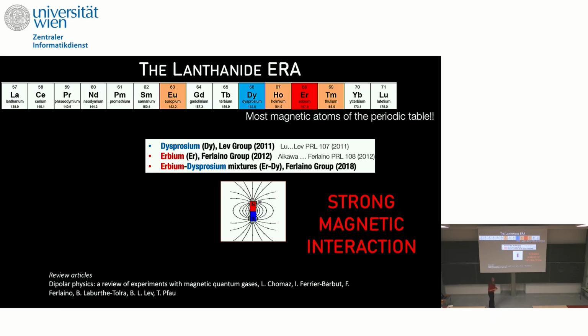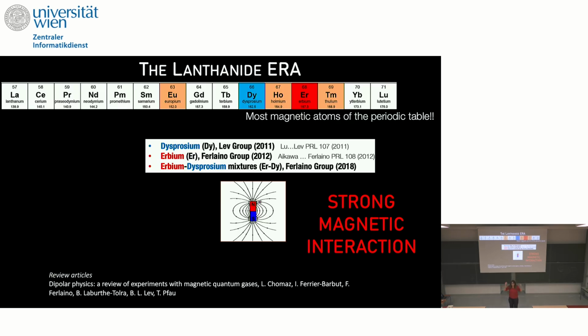A few years ago, my group was the first one to bring erbium into the quantum regime. And then, together with the other group in Stanford, my colleague Benjamin Lev brought dysprosium to the ultra-cold regime, Bose-Einstein condensation.